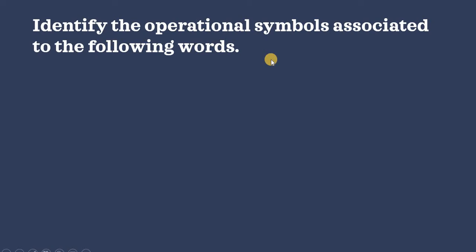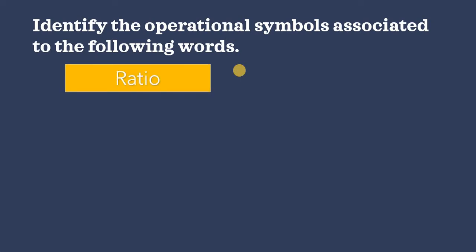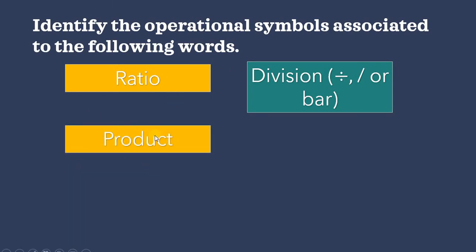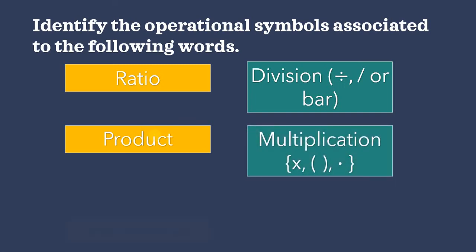Now, identify the operational symbols associated to the following words. So, let's have an exercise. For ratio, what is the operational symbol associated with it? Of course, it is division. Next one, for the product. That is easy. That is multiplication.